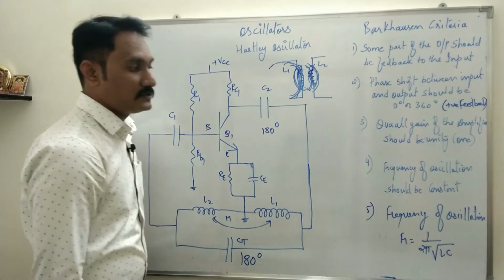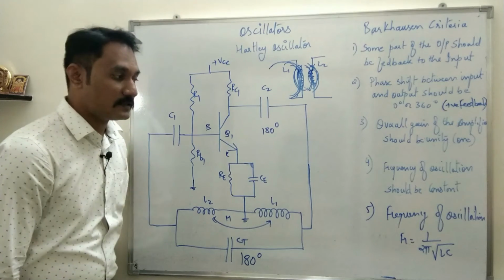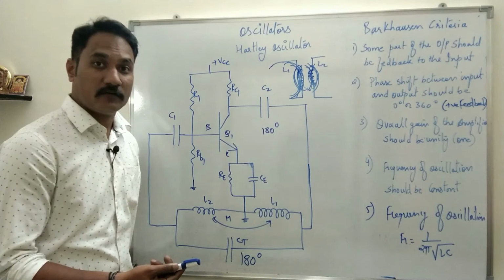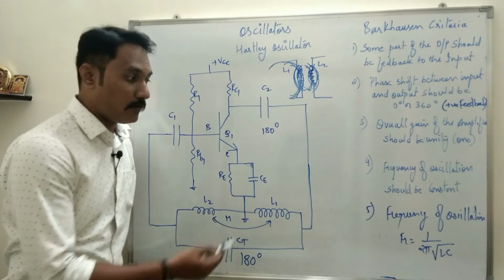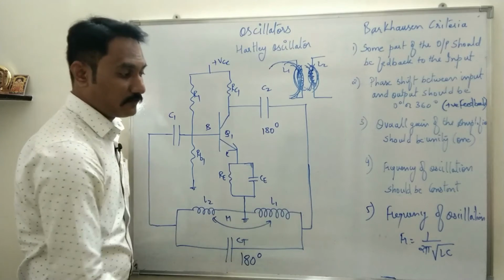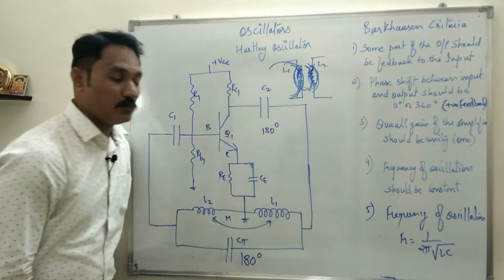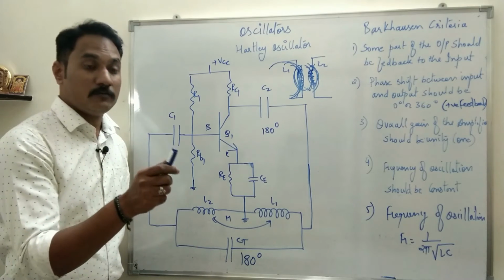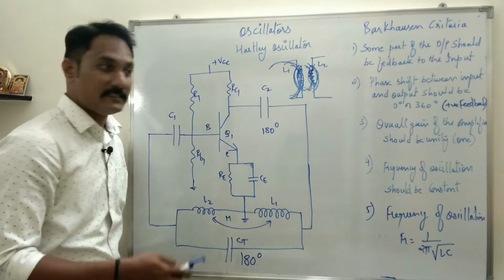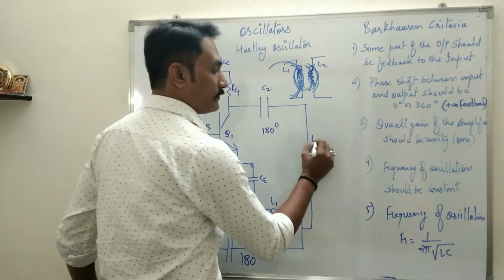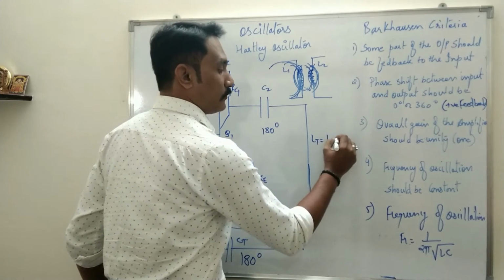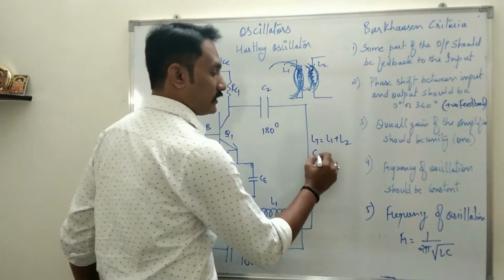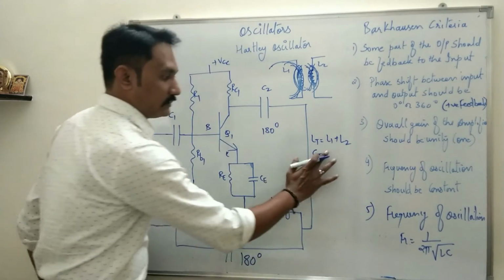And then frequency of oscillation should be constant. So what is the factor affecting the frequency of oscillation? The component which is used. Frequency of oscillation is given by f = 1 upon 2 pi under root of LC. So the only factors which will affect the frequency will be L and C, and here LT is L1 plus L2. There are two inductors mutually coupled, and of course there will be the CT value.